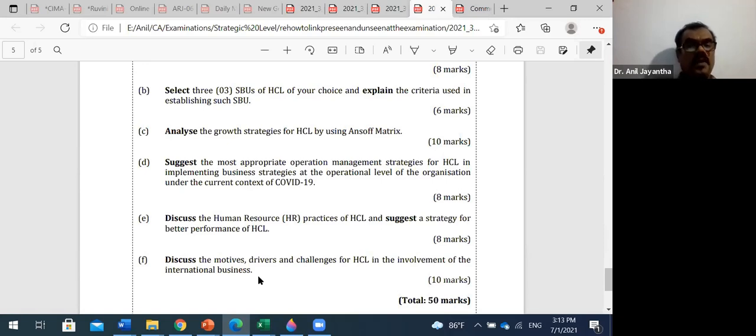Therefore, try to provide more straightforward, simple answers in bullet points, as concise as possible. And your agility also matters. Be agile, quickly develop. Sometimes you may have to forego something that will not be a big issue. So that's all about this thing.